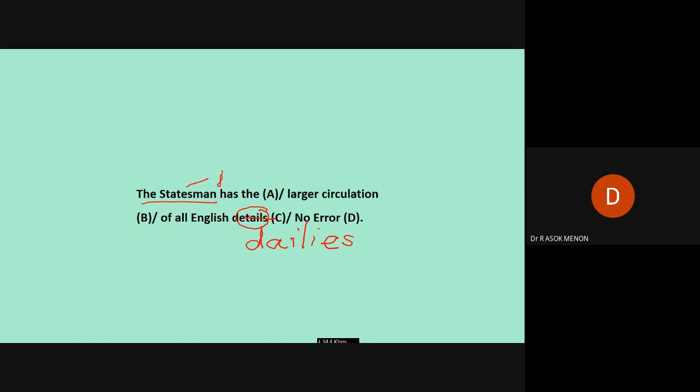Statesman is a newspaper. Yes, Shamim and Kishore have answered correctly: has the largest circulation, because that is the superlative degree. Of all other dailies, the Statesman has the largest circulation. That is superlative degree.